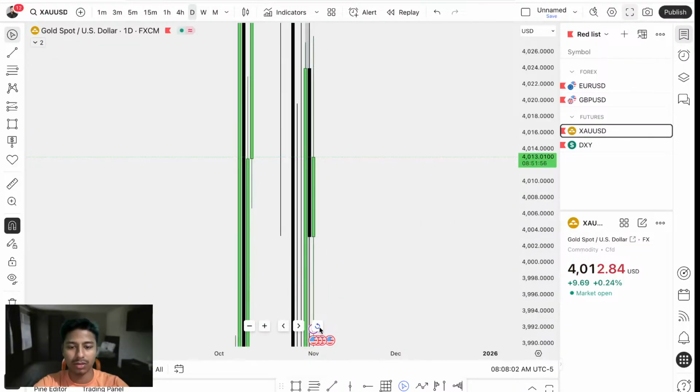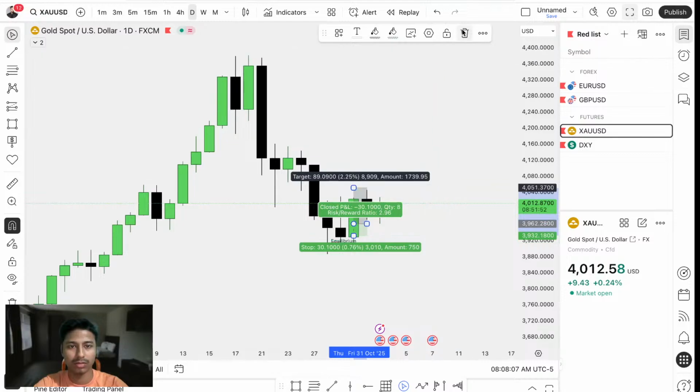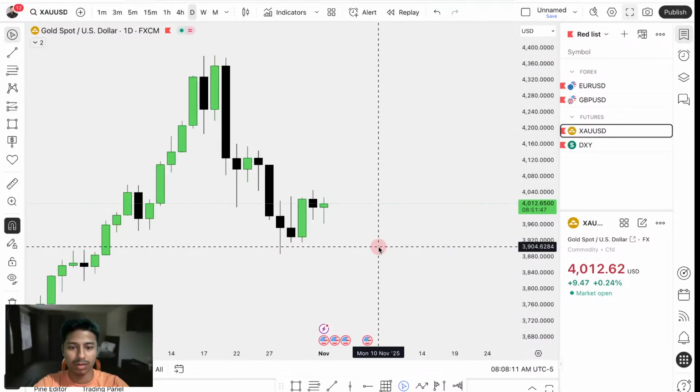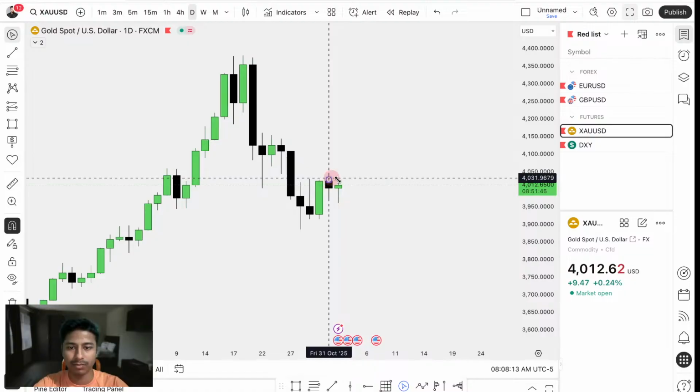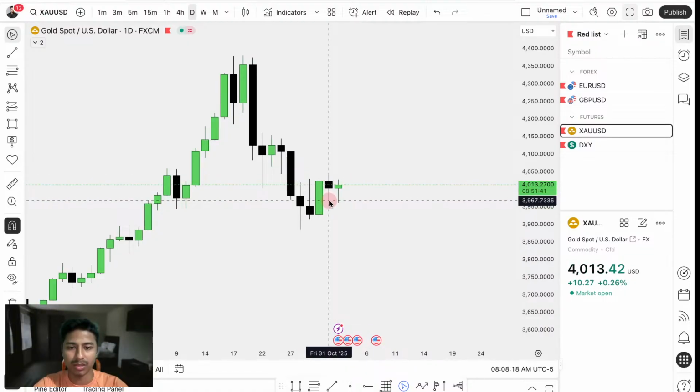Gold, gold. Gold looking a little bit bullish as we take out that Friday low.